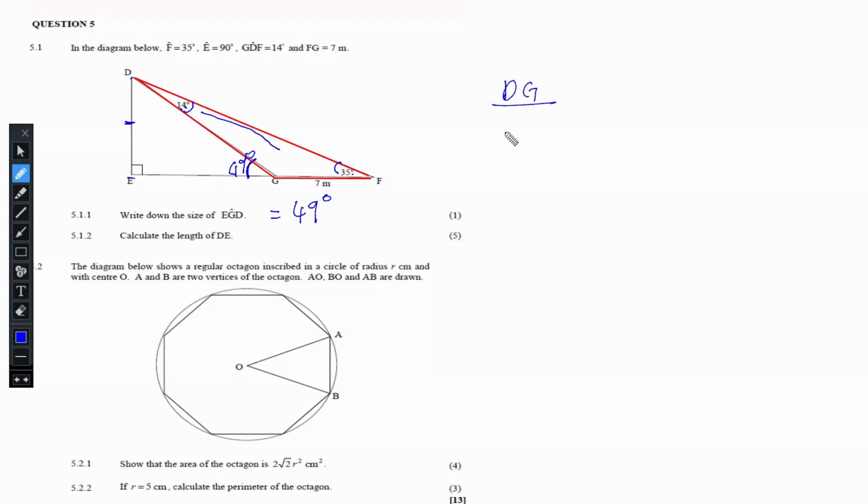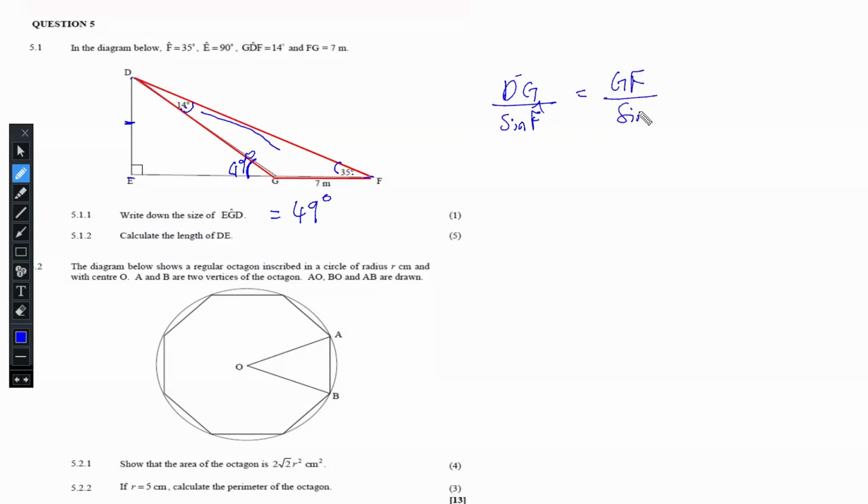Over sine F, right? Remember, it must be the side versus the angle that it is facing, right? So DG, this is DG, and then its opposite angle F. So DG over sine F is equal to what? GF. So where's GF? There it is. So it's GF over sine D.